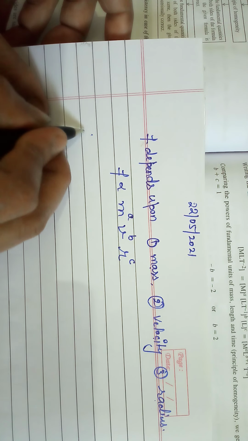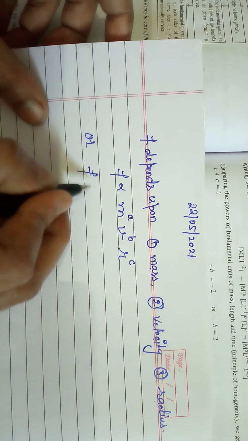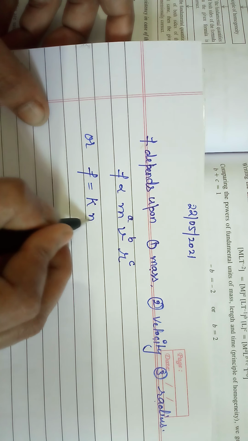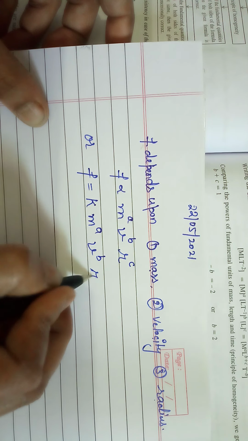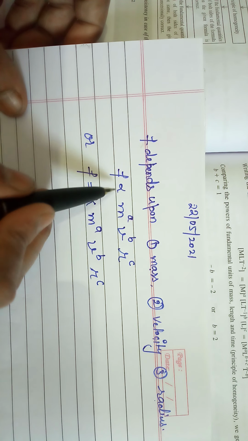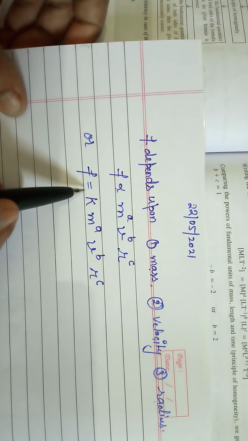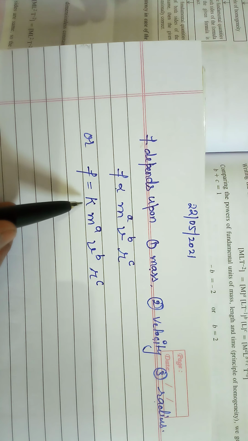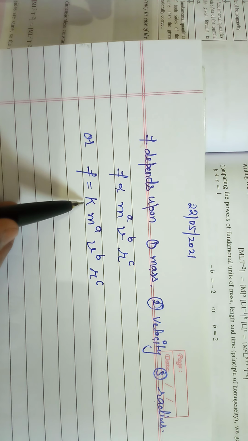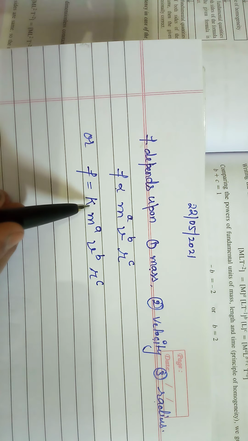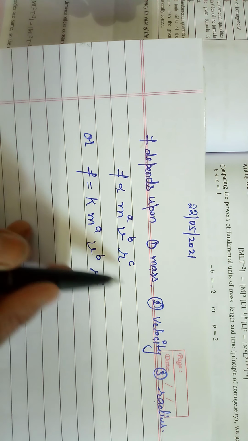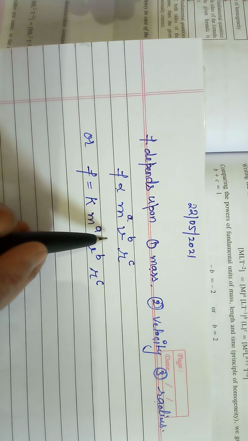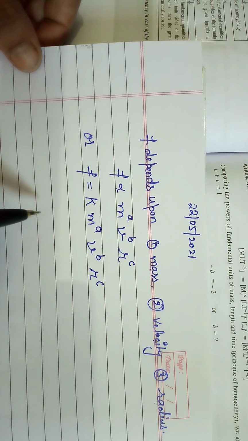Or we can also write it as F is equal to K m raised to the power a, v raised to the power b, and r raised to the power c. K is the constant of proportionality, and it is a dimensionless constant, so it doesn't have any effect on this relation. Clear? So now we can calculate the values of a, b, and c.